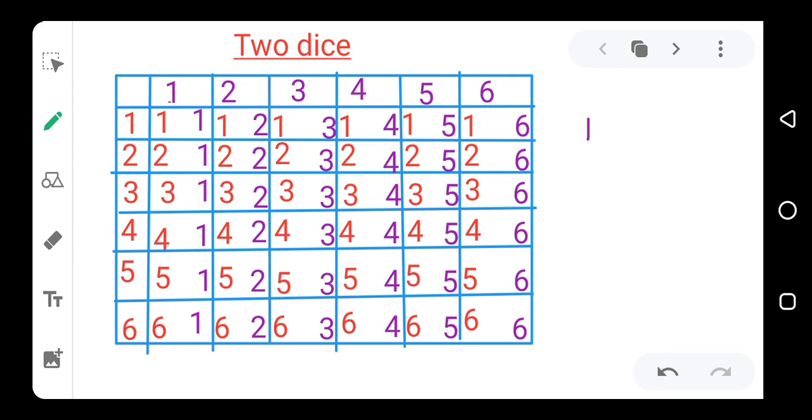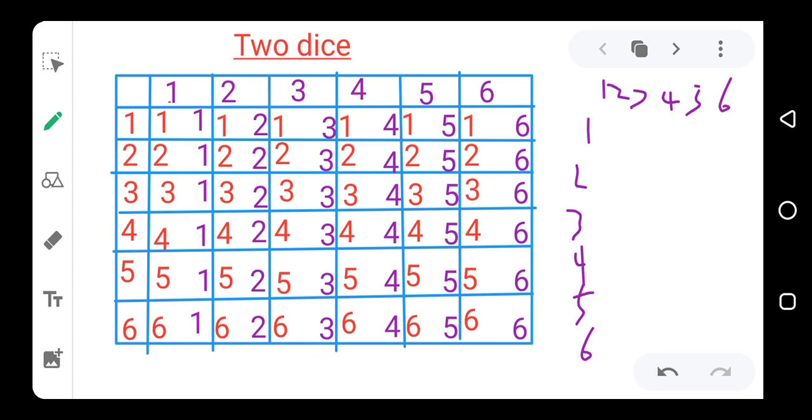We say 1, 2, 3, 4, 5, 6. We take the vertical line to represent the first die, and the horizontal line to represent the second die. So you can do it on top and say 1, 2, 3, 4, 5, 6.